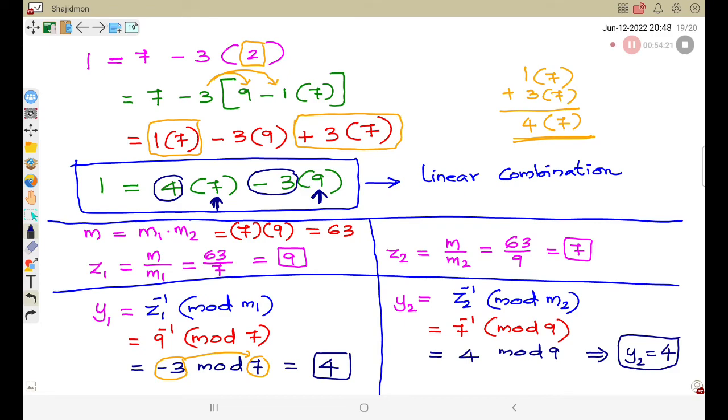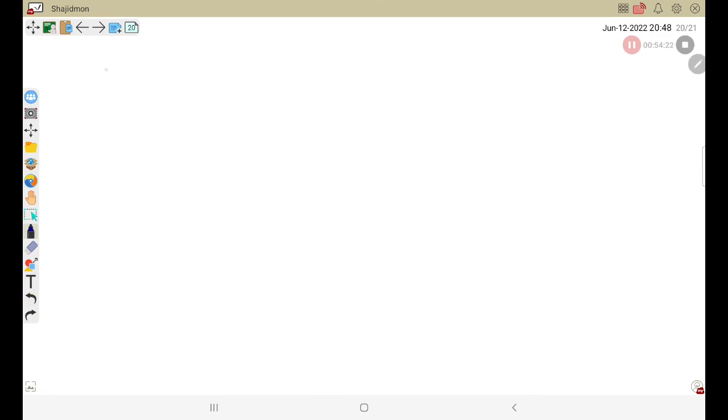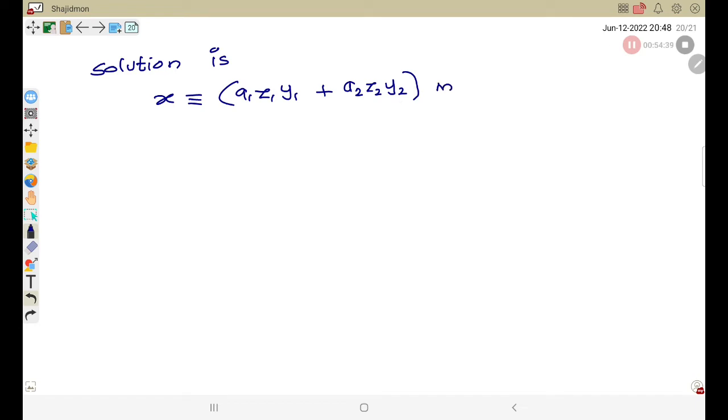Now we are writing the solution. So solution is X congruent to A1 Z1 Y1 plus A2 Z2 Y2 mod M number.